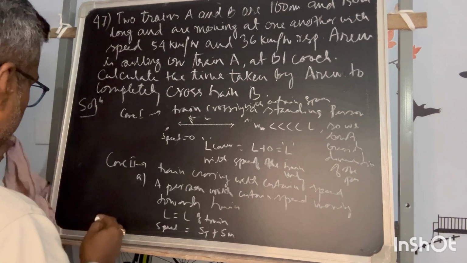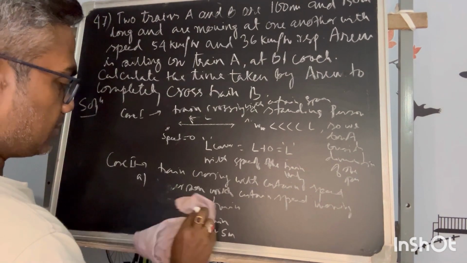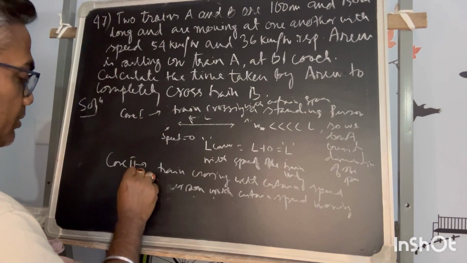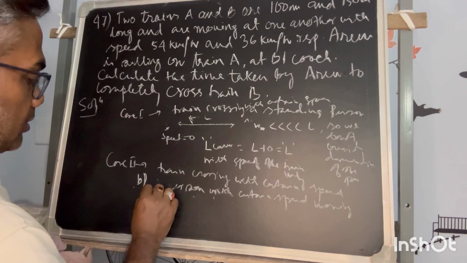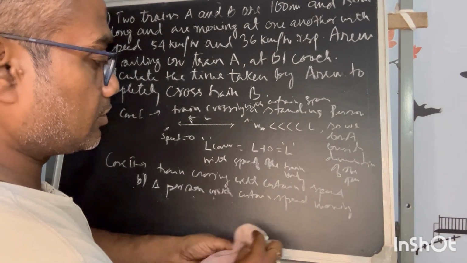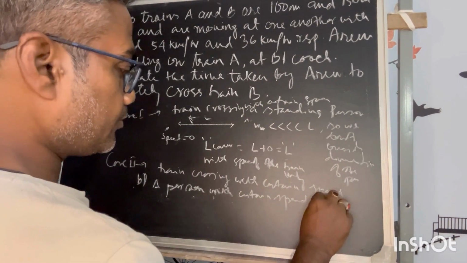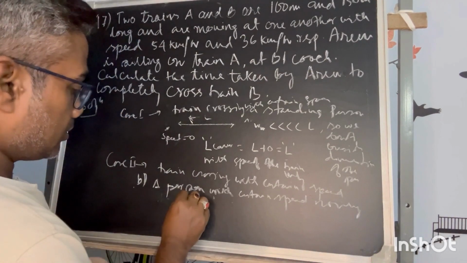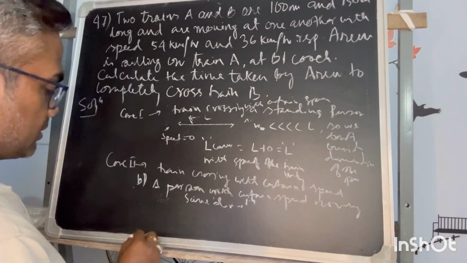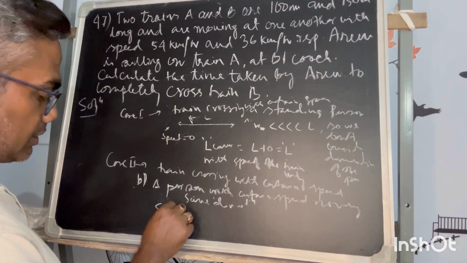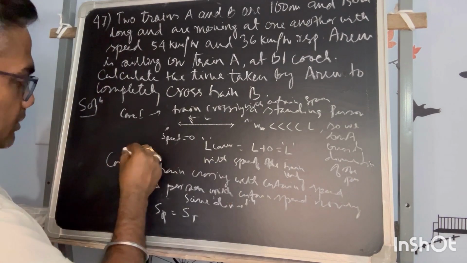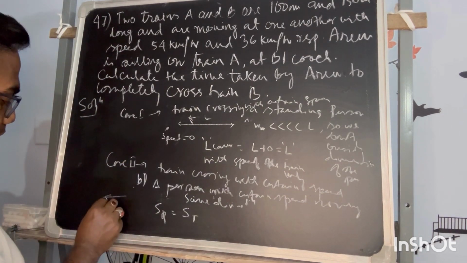Okay, and similarly, case 2B will be a person with certain speed moving in the same direction. In that case, the relative speed will be the train speed minus the man speed, because the train is crossing the person, the train is moving this way, and the person is also moving this way.